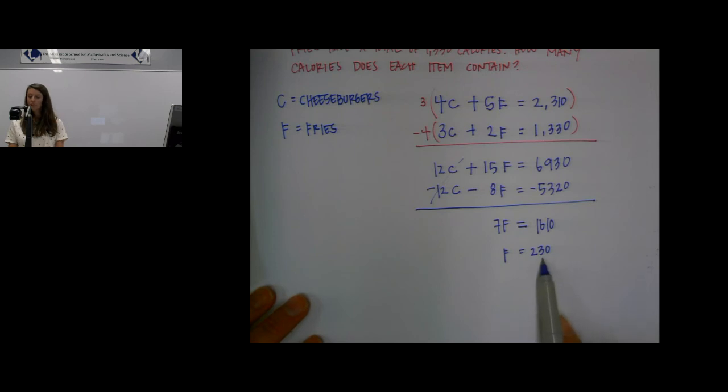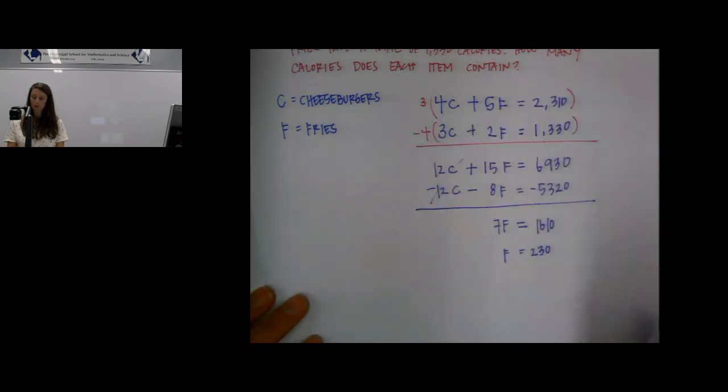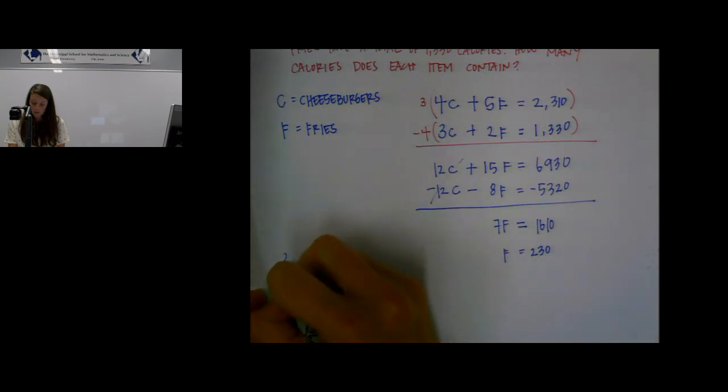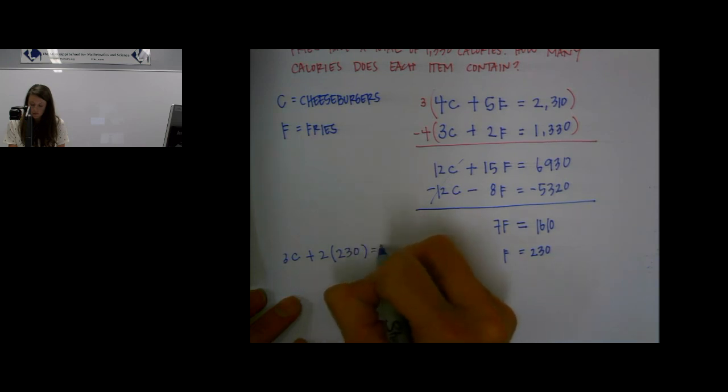So your fries are going to have 230 calories. But now I need to find cheeseburgers, so I'm going to take this 230 and plug it into one of those equations. It doesn't matter which one. I'm going to go to the second one. So I'm going to have 3 cheeseburgers plus 2 times 230 calories.